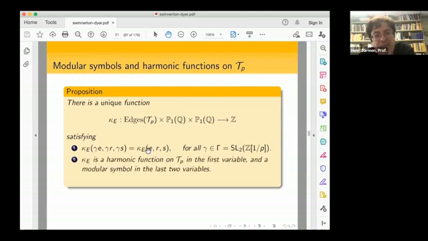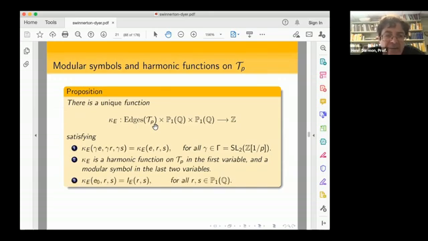The second is that kappa E should be a harmonic function on the tree when viewed as a function in the first variable with the two other variables fixed. And it should be a modular symbol in the second two variables when the first is fixed. So it's simultaneously a harmonic function and a modular symbol.